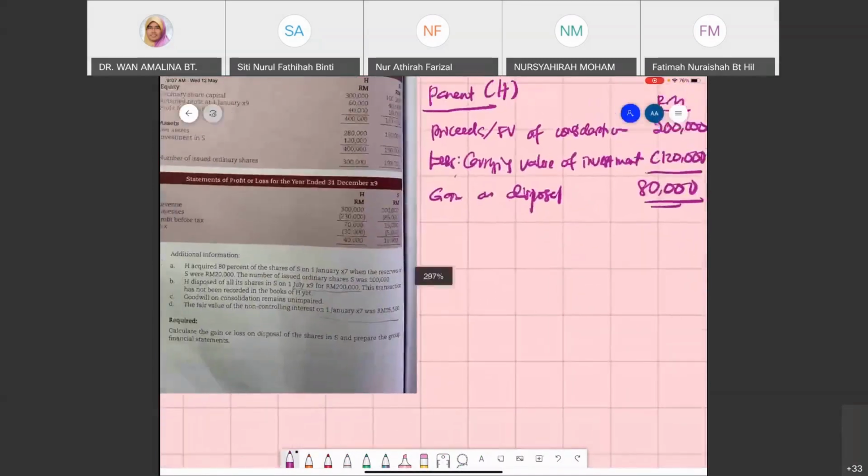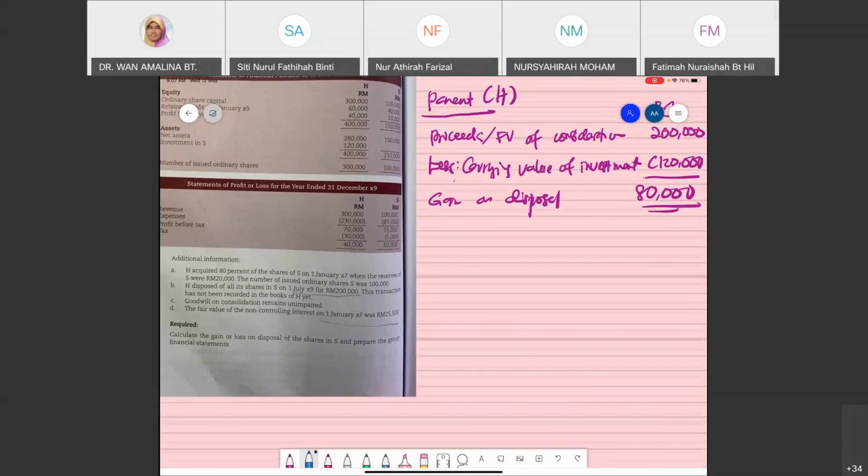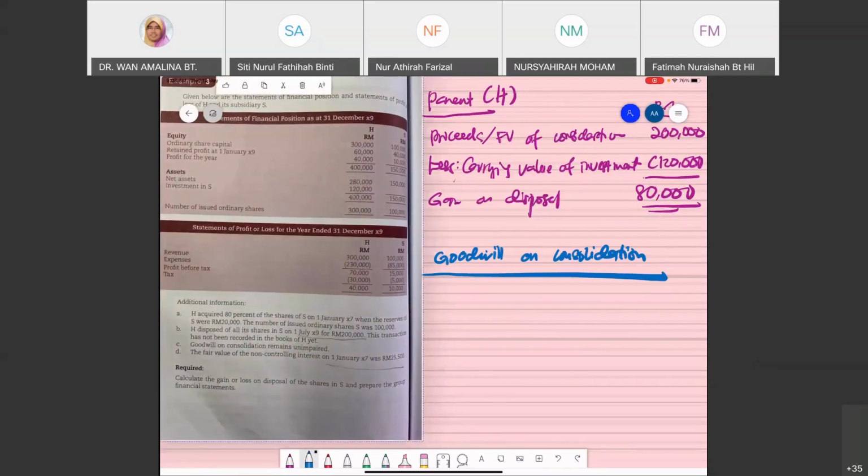Okay, so goodwill on consolidation. Okay, so we need to calculate goodwill because we remember the formula.